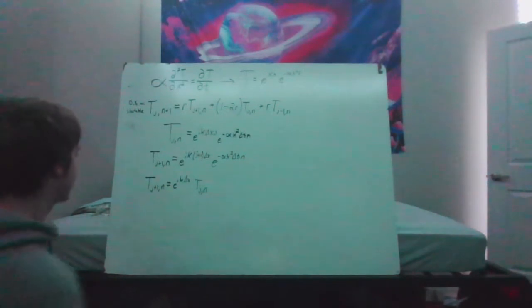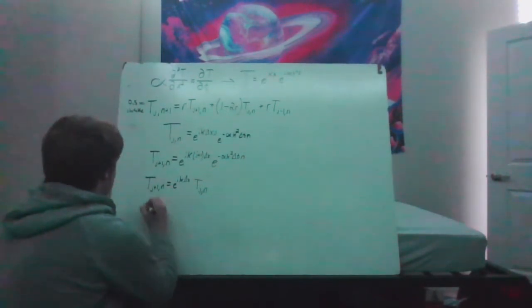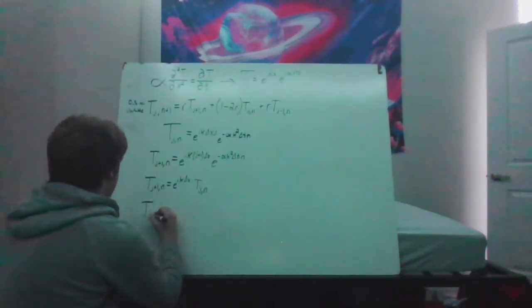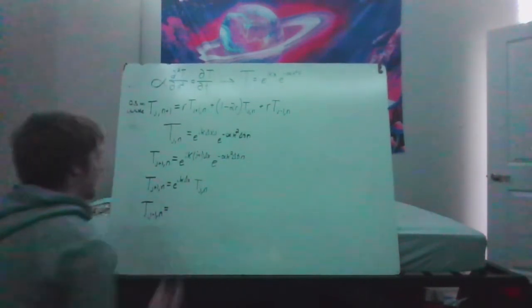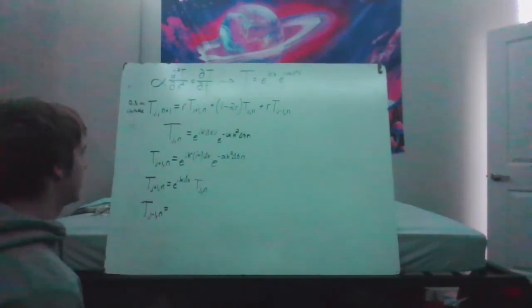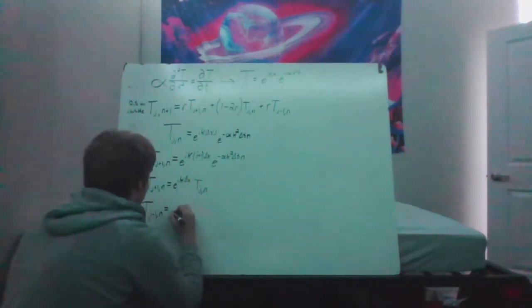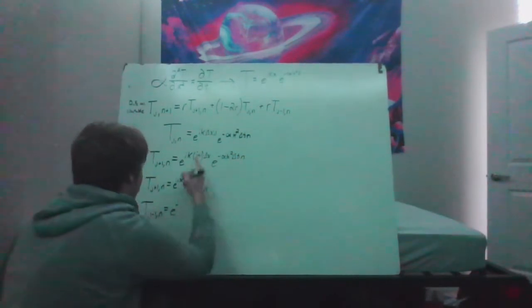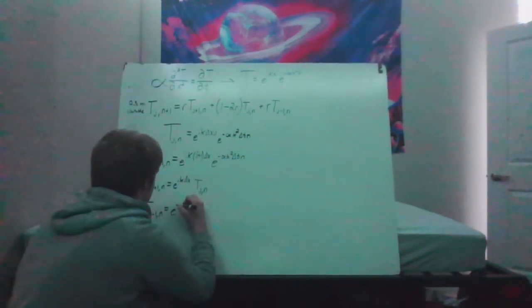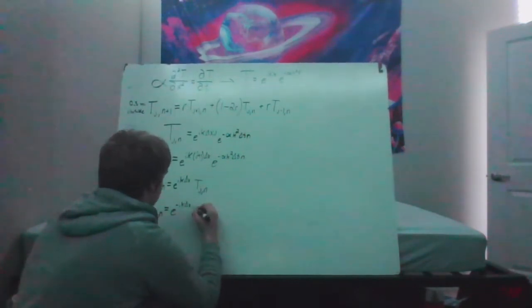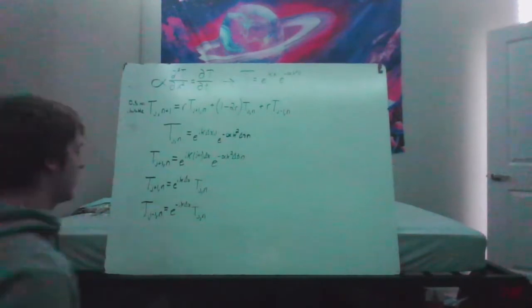And then now for our t j minus 1 n, that one will just be the same thing, but negative here, because we are multiplying by negative 1. So negative ik delta x, and then our t sub j comma n.